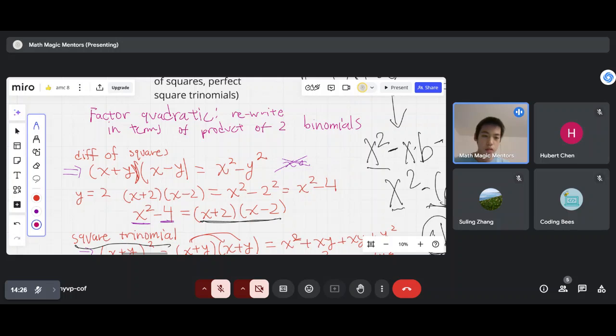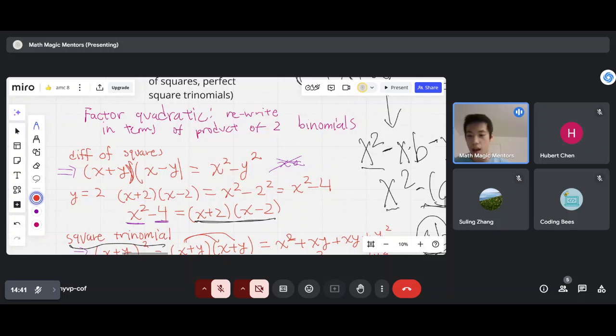The difference of squares factorization tells us that when you have the quantities x plus y multiplied by x minus y, you get x squared minus y squared. You can prove that using FOIL: if you multiply every pair of terms, you will eventually get x squared minus y squared.